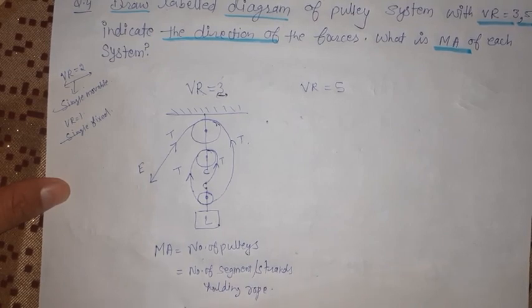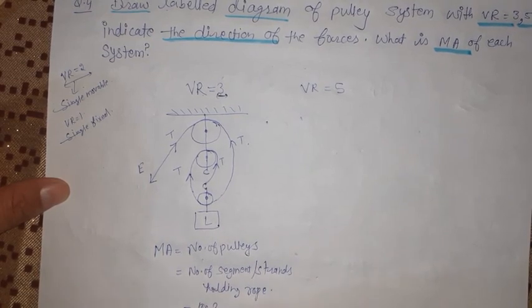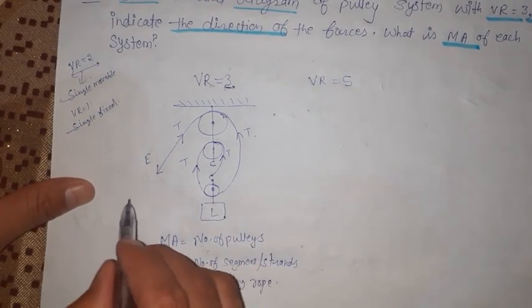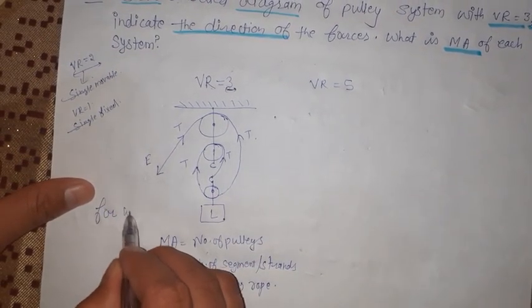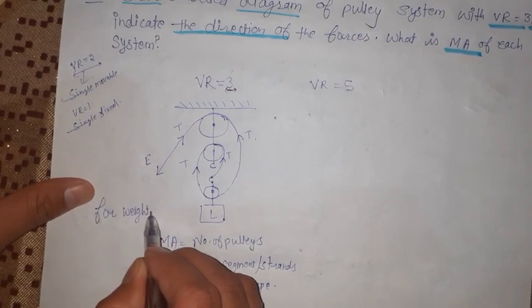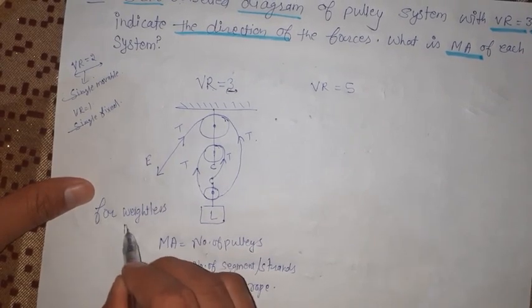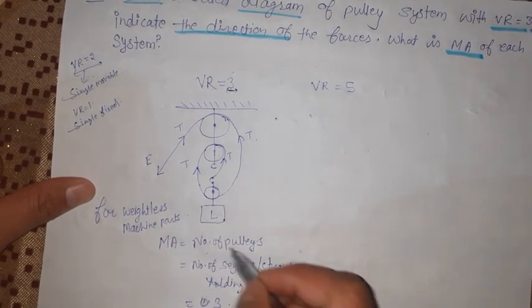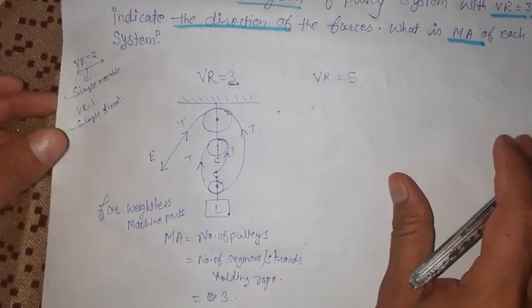So that is also equal to 3. For a weightless machine part, the mechanical advantage and velocity ratio will remain the same.